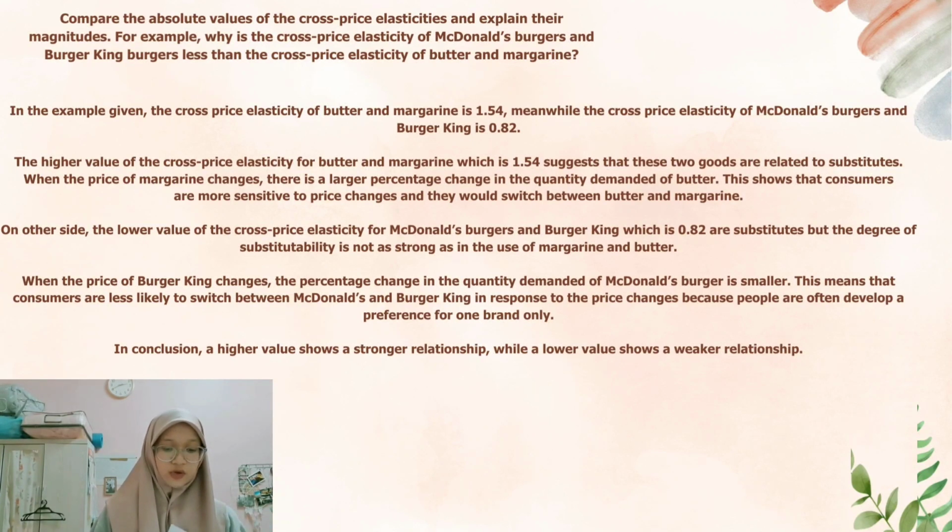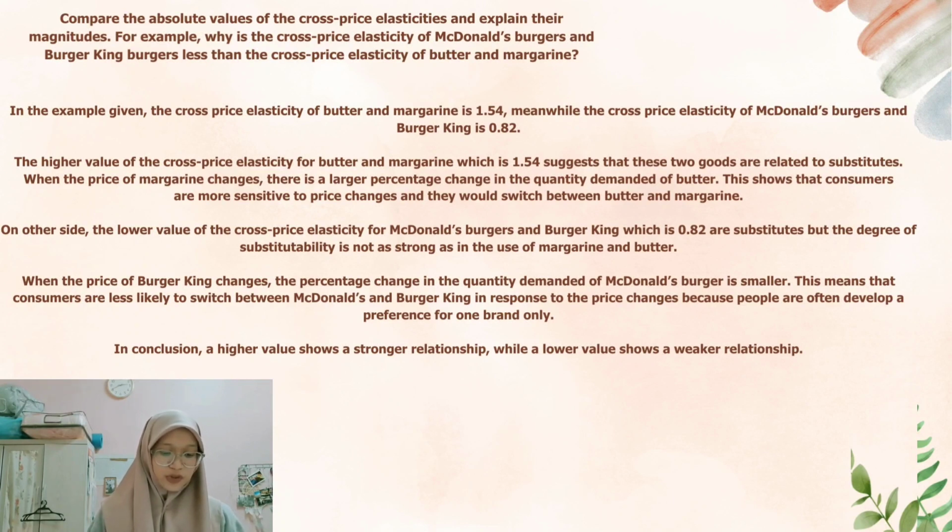Meanwhile, the lower value of the cross price elasticity for McDonald's burger and Burger King, which is 0.82, shows they are substitutes, but the degree of substitutability is not as strong as in the case of margarine and butter. When the price of Burger King changes, the percentage change in the quantity demanded of McDonald's burger is smaller.